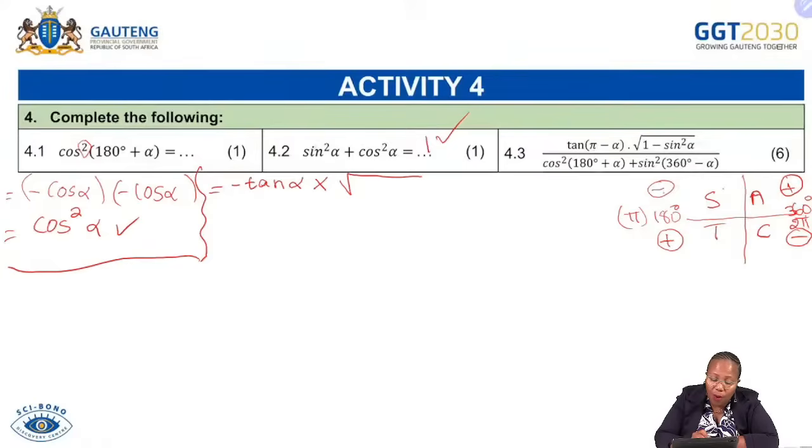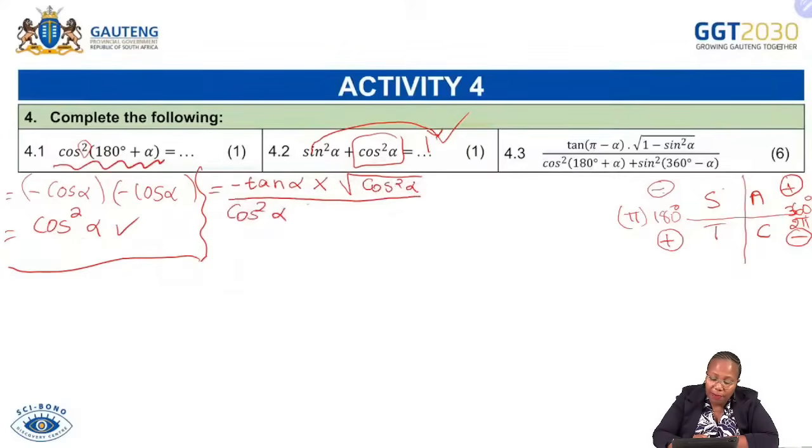If you take sine squared to this side, it will be 1 minus sine squared. Therefore, you can write it as cos squared alpha all over cos squared of 180 plus alpha. We have already answered that. That is cos squared alpha.